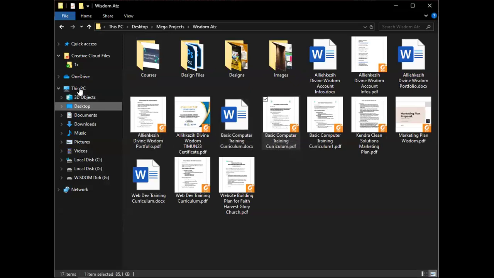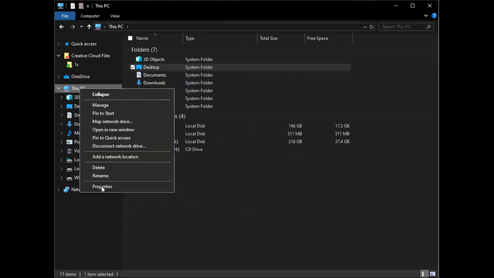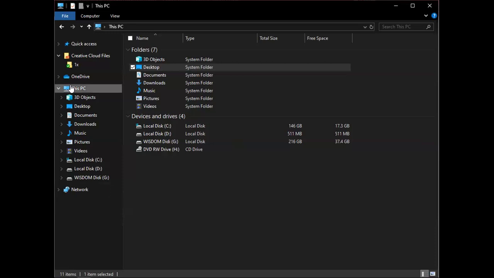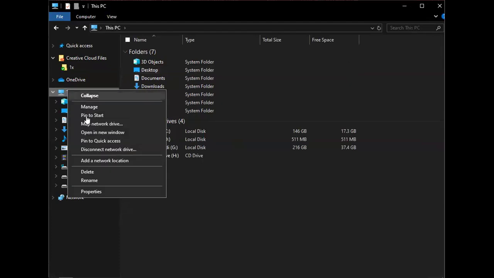Open any folder. Navigate to this PC. Right-click on this PC.